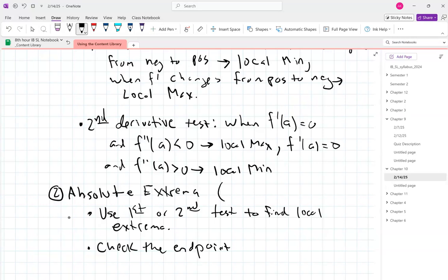The absolute extrema would be on a closed interval. So we have to check the endpoints of that closed interval and the local extrema. Whichever one gives you the biggest output is the absolute maximum, and the smallest output would be the absolute minimum.